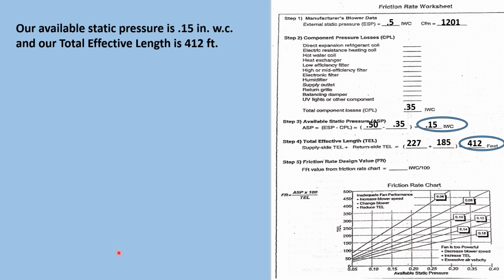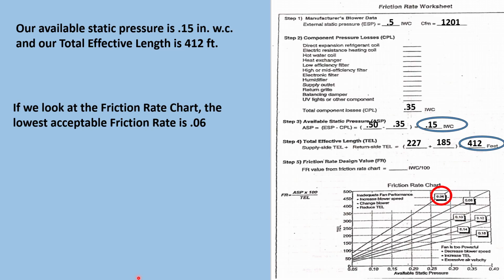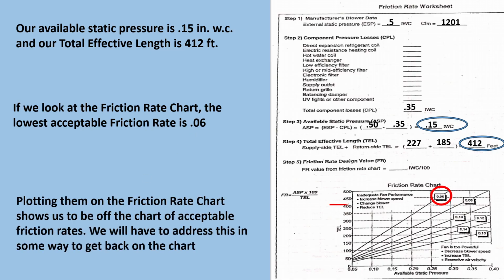Our available static pressure is 0.15 inches of water column, and our total effective length is 412. If we look at the friction rate chart, the lowest acceptable friction rate is 0.06. Plotting our numbers on the friction rate chart shows us to be off the chart of acceptable friction rates.